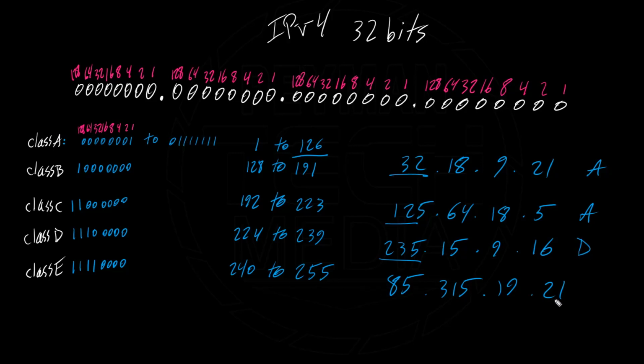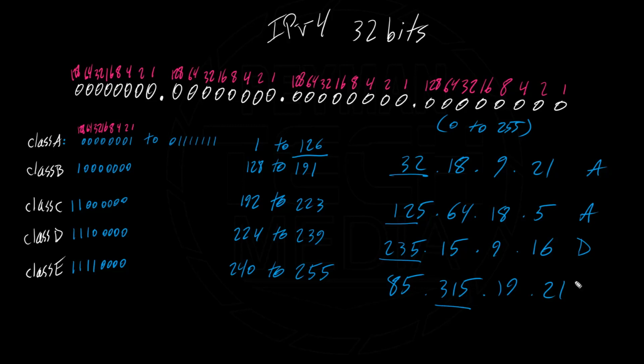And the next IP address. If you said this is not a valid IP address, you are right, because we don't have 315 in the second octet. Remember, every octet ranges from 0 to 255. When we convert, if all the bits are turned off, that's 0. If all the bits are turned on, that's 255. Here the second octet says 315, which is not a valid number in an octet.